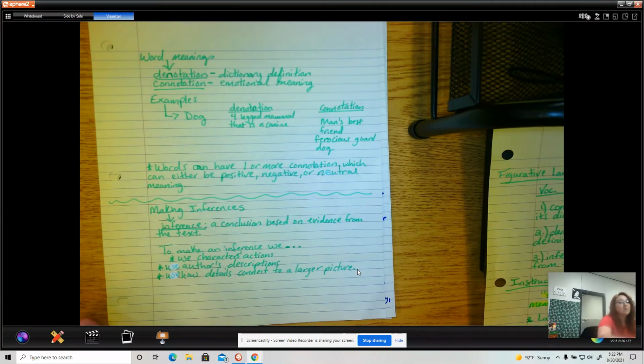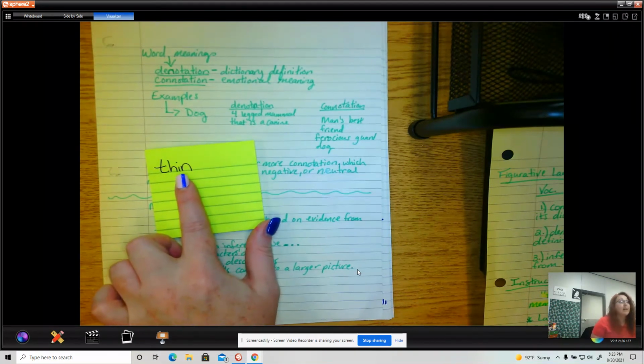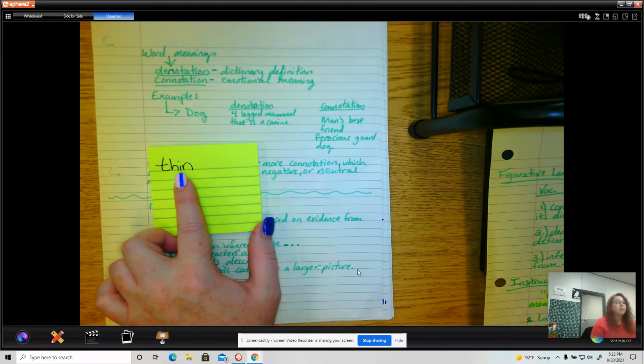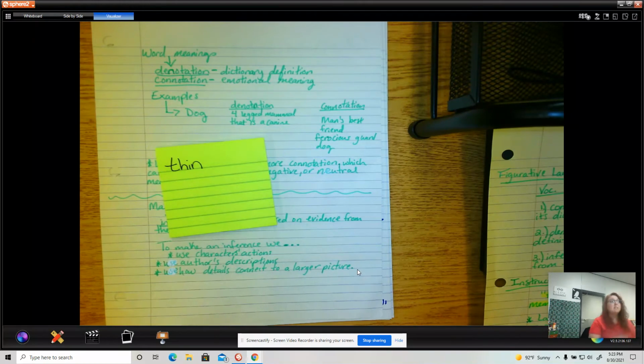Interesting. So let me think of a word. The word thin. The word thin means that something is very skinny.